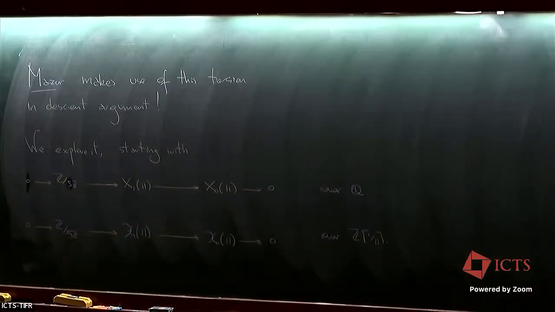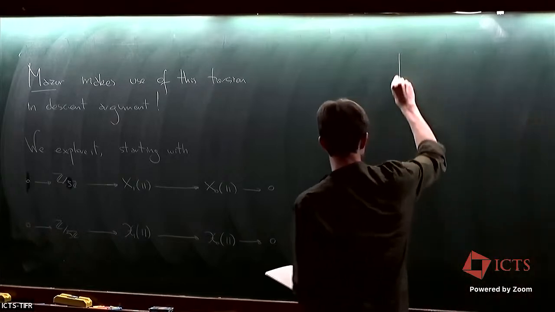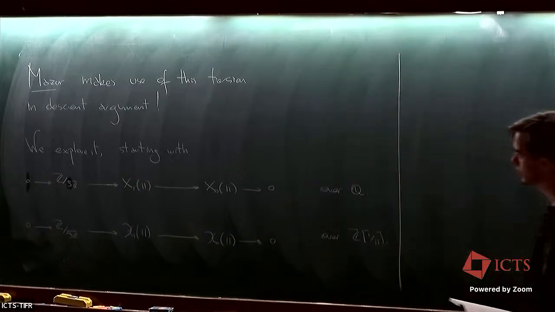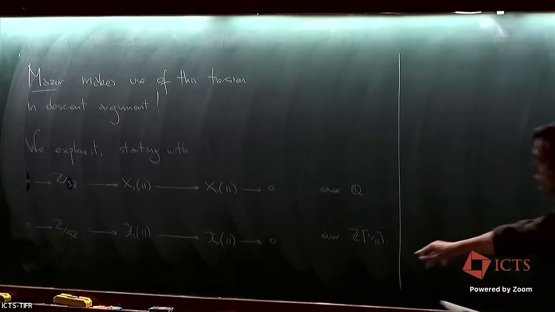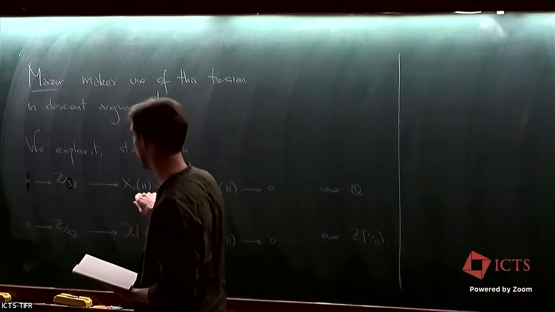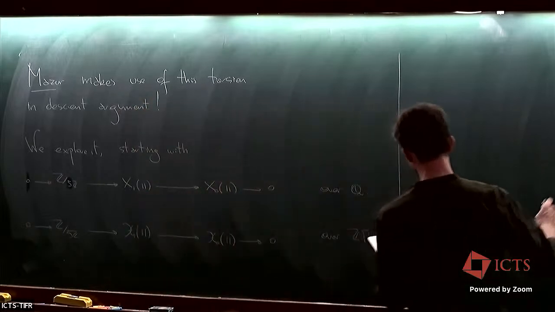What we're going to do now is pass to the associated Selmer exact sequence by taking just the invariants. So the Z[1/11] points of these two are the same as the Q points of their generic fibers. They're abelian varieties.